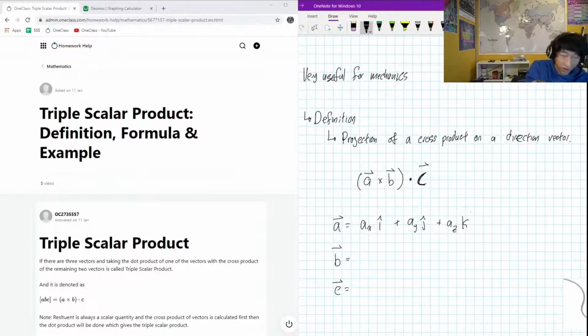I, J, and K are representing unit vectors along the X, Y, and Z axis. Okay, so here we're going to follow the same procedure for all of B's components, and the same for all of C's components.